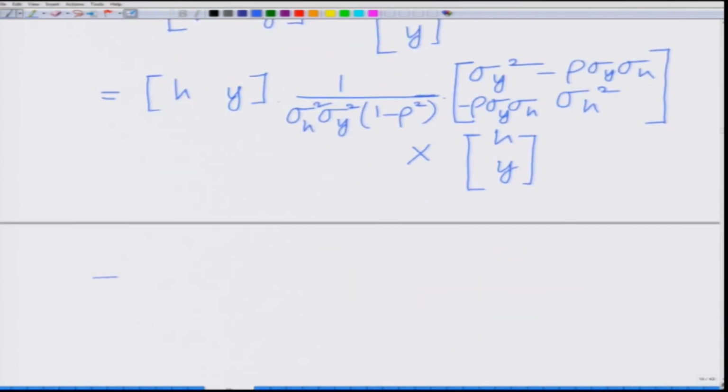Okay. And this can be simplified. Now this is a scalar quantity, so I will bring it up front.